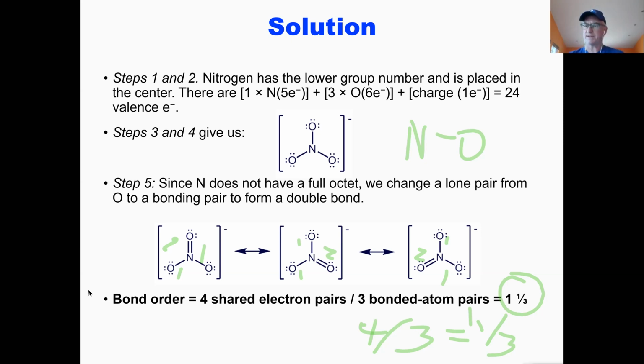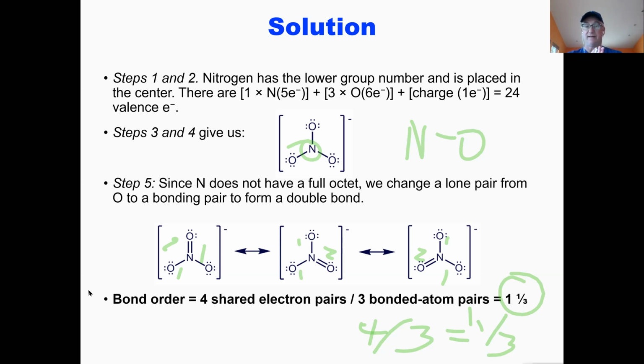How that works: if you wanted to know the bond order, look and see how many total bonds are forming and how many places there are. So we see that there's 3 places to form bonds between the central atom and the atoms around it. There's basically 3 areas of electron density. And how many bonded pairs are in those 3 areas?